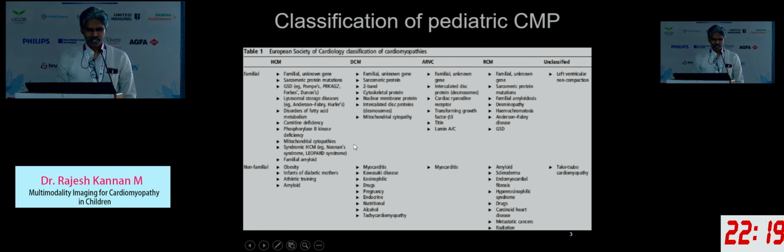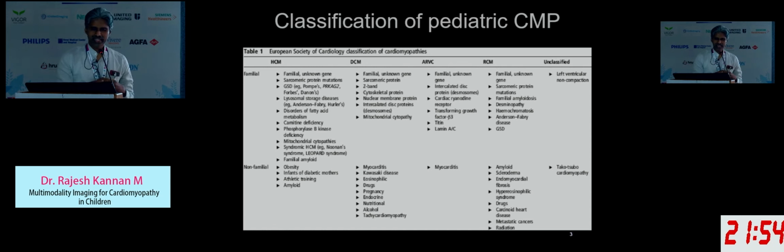What is important to understand is that some genetic abnormalities, like a sarcomeric protein mutation, can have different phenotypes, including HCM and DCM. So there is overlap, and any type of cardiomyopathy can present as an end-stage dilated cardiomyopathy. Even though we classify as genetic, non-genetic, and HCM versus the other cardiomyopathies, there is significant overlap.